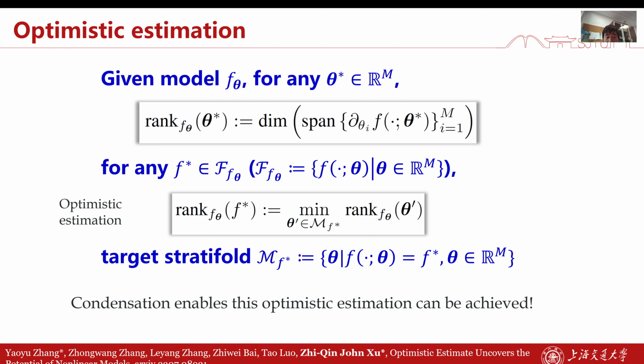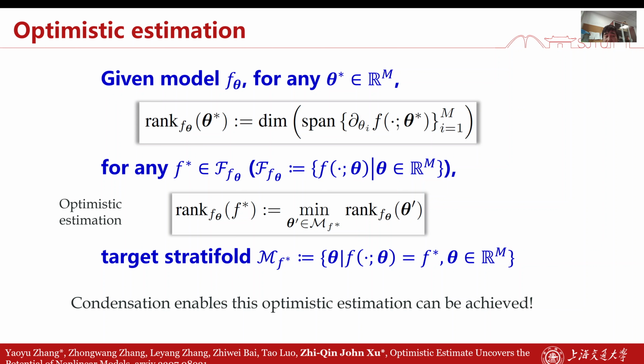And for any target function, we can consider the set of parameters that are all global minima, meaning all theta for which the network equals your target function. For each theta, it has a tangent space, and each tangent space has a rank or dimension. We take the minimum rank as the rank of your target function in this functional space.